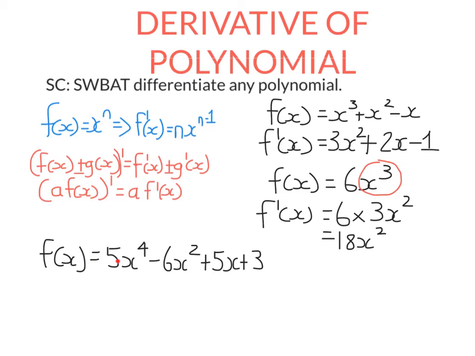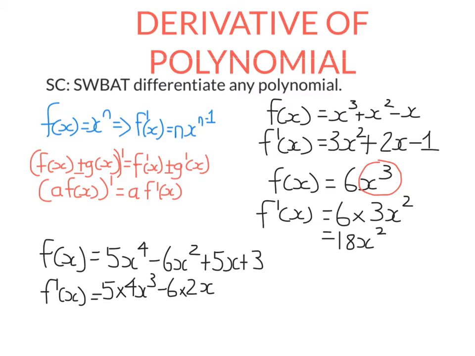So let's say I've got a polynomial here and I want to calculate its derivative. I'm going to differentiate each term separately. So the derivative of 5x to the power of 4, I just leave the 5, I move the power to the front and decrease it by 1. Now I'm going to differentiate this term. So I leave the minus 6 alone. I move the 2 to the front and decrease the power of x by 1.